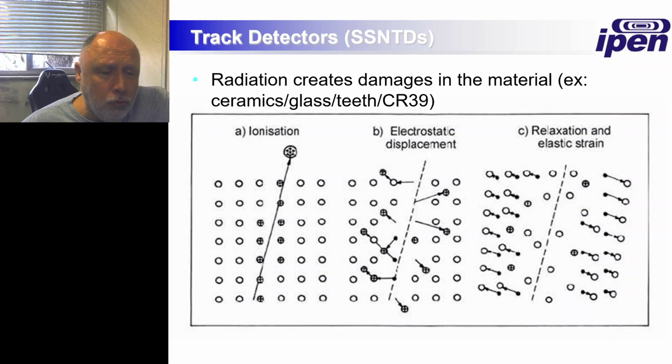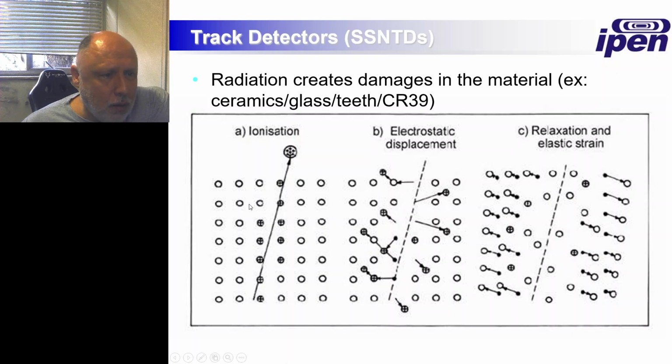Well, there are also different kinds of detectors, like for instance track detectors. In those detectors, radiation passes through an insulator, and it has to be a material where charges are not allowed to circulate freely. What happens? It causes ionizations.